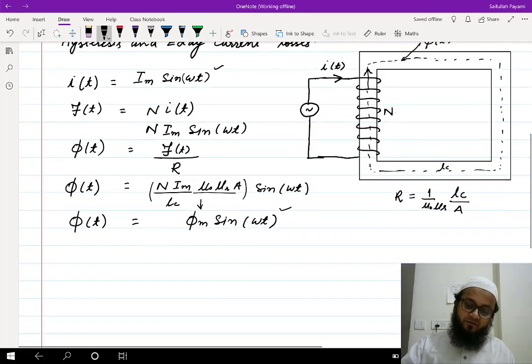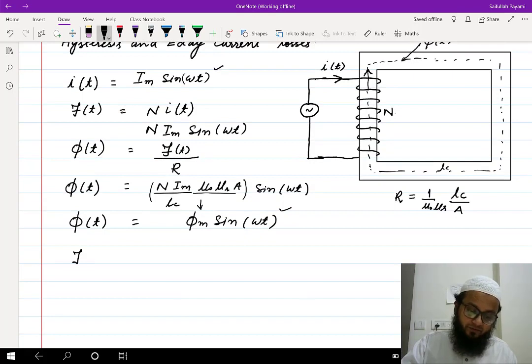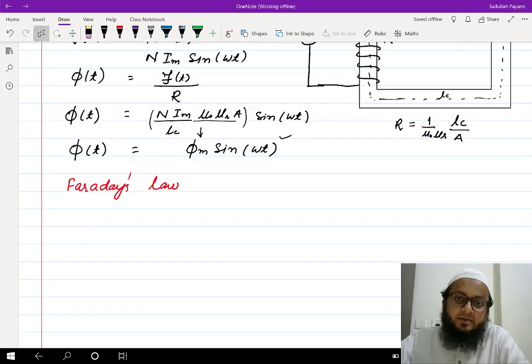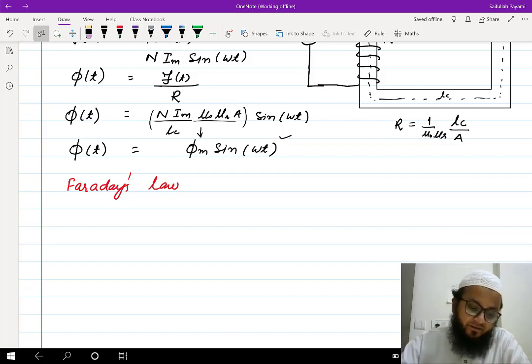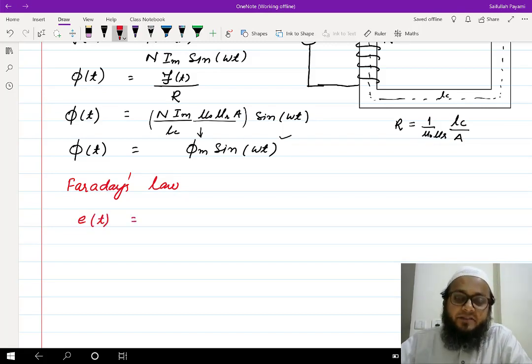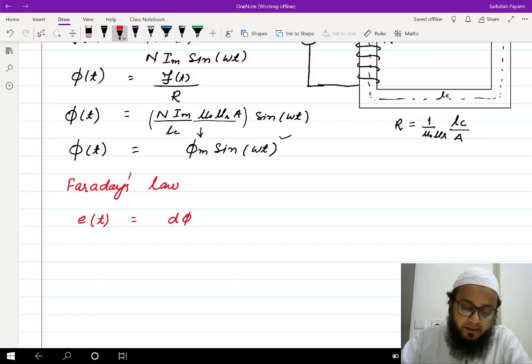Now Faraday's law says that whenever there is a change in the magnetic field or magnetic flux in a coil or in a loop, then there is an induced EMF, and the magnitude of that induced EMF is decided by the rate of change of that magnetic flux, d phi by dt.